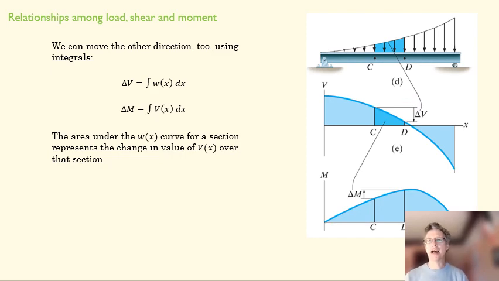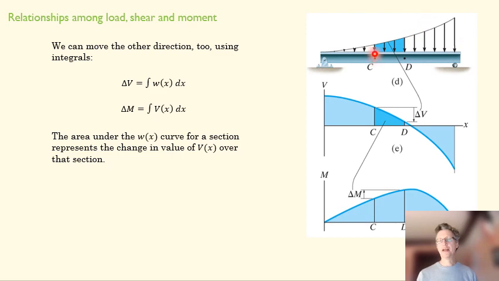Now, why is that? Well, as we think about from here to here, at point C, again, this support is holding up this entire load here. At point D, it's only holding up the load from here to here.